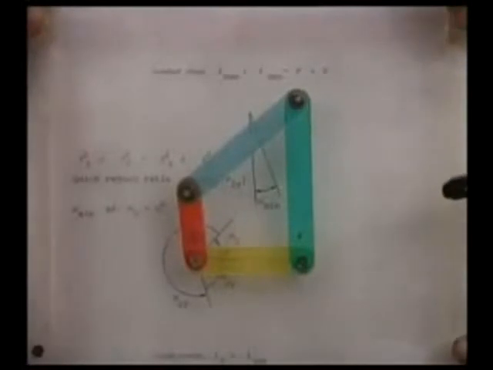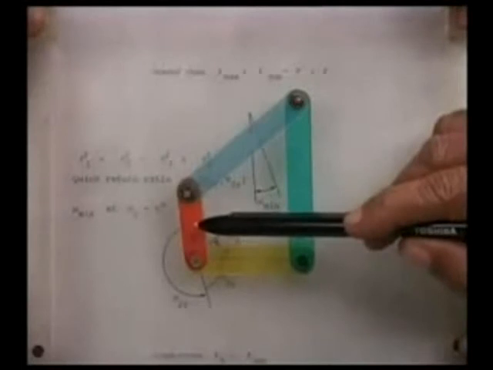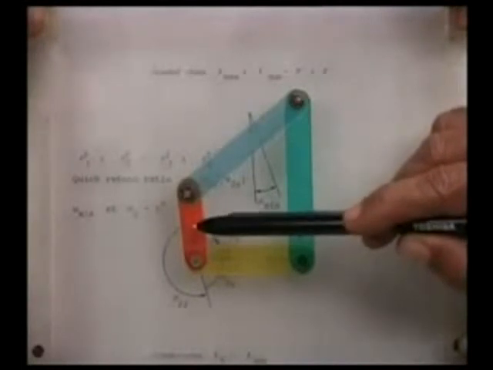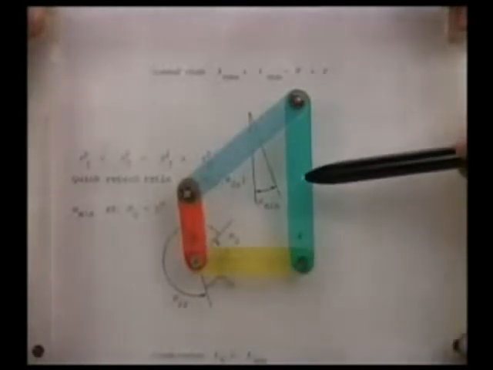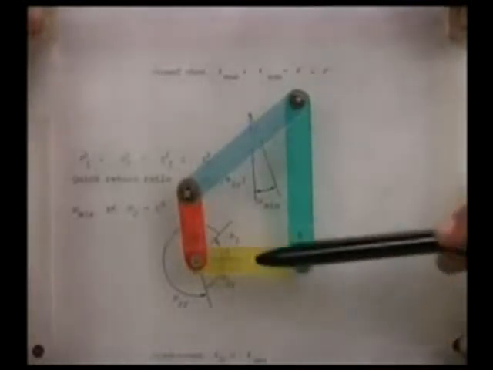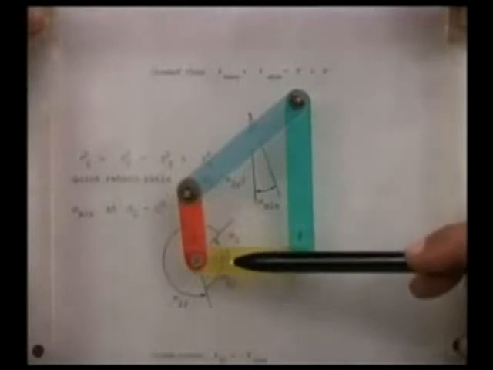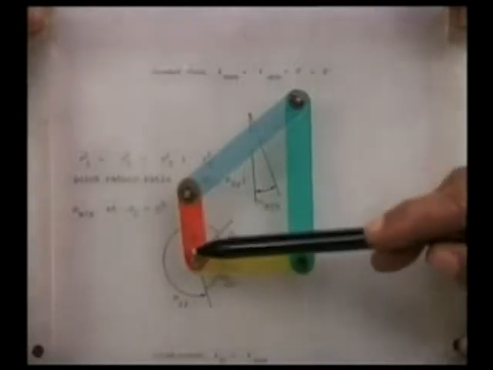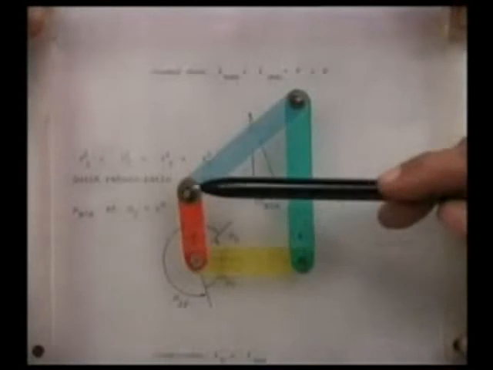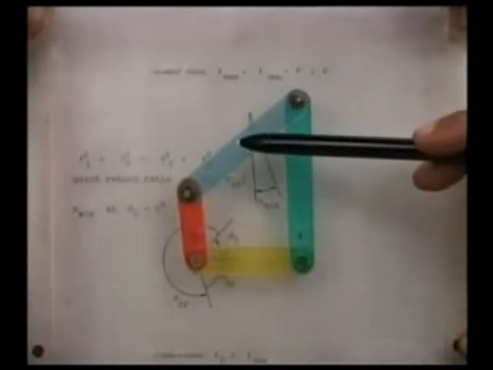Let us now look at the model of this 4R chain, where the red link is the shortest link, that is L min, and this green link is the longest link, that is L max. Now if the adjacent link to the shortest link, say this yellow one, is held fixed, and this is a Grashof chain, that is L min plus L max is less than L prime plus L double prime.